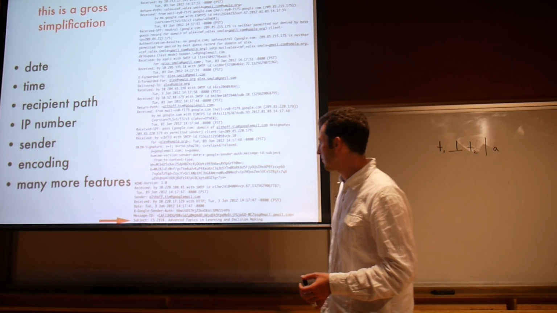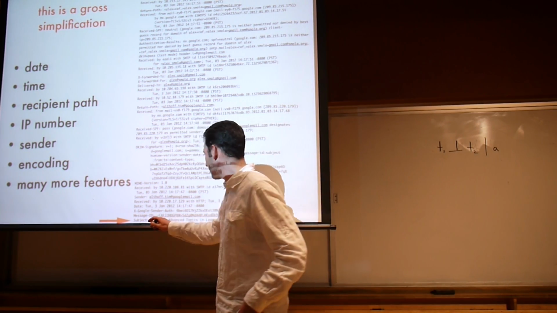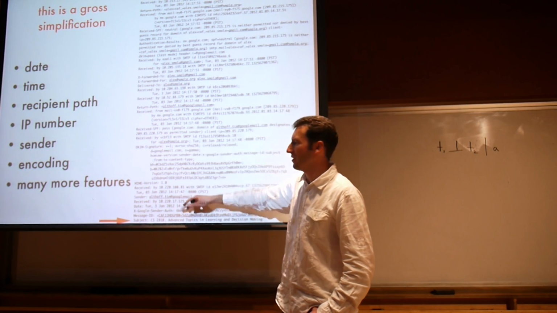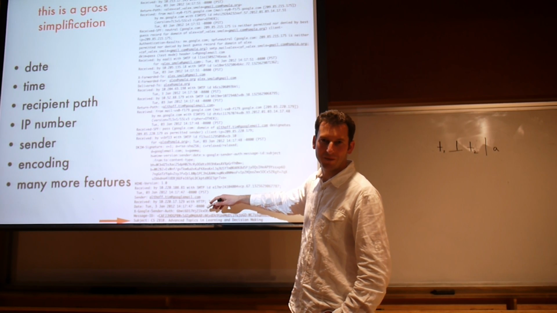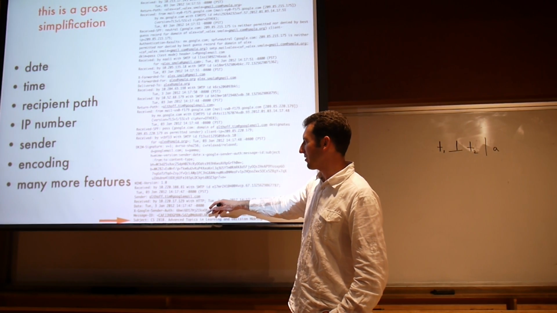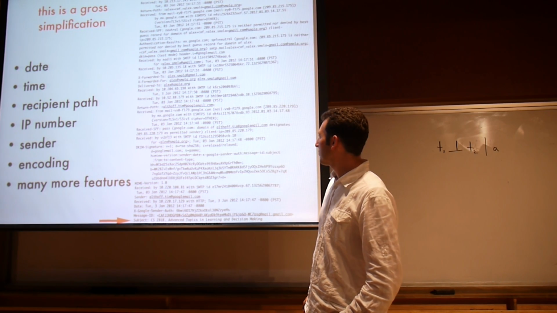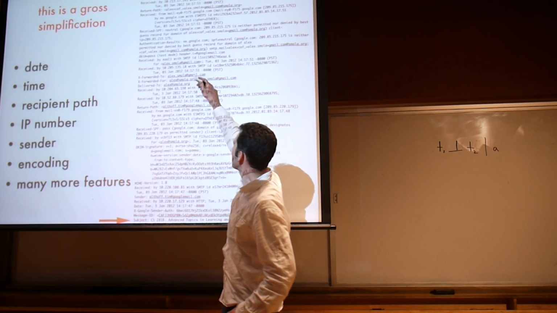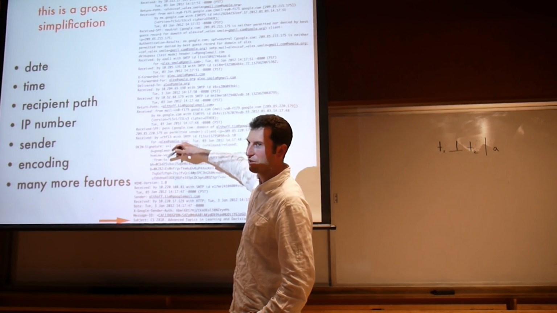So here is a closer approximation to what some of the data looks like. So somebody here wrote me an email, and well, that's where the actual email starts. This is all the junk that happens on top of the email. And these are useful things to extract features. So, for instance, in this case, it went from a Gmail account to my account, which is smaller.org, which is actually hosted at Gmail.